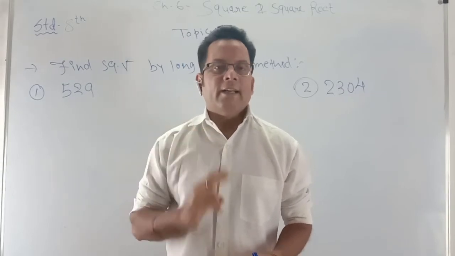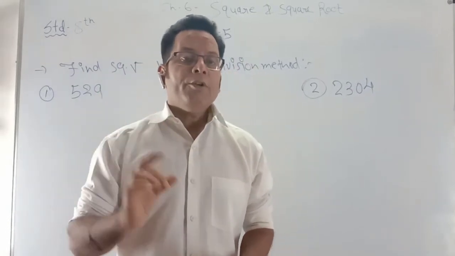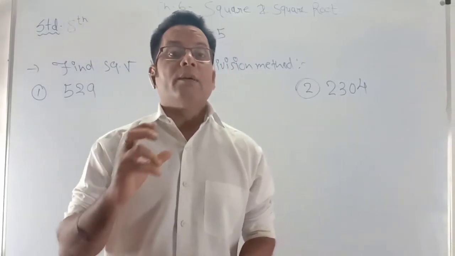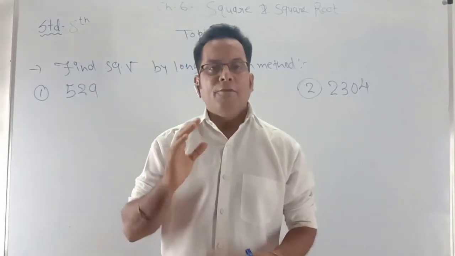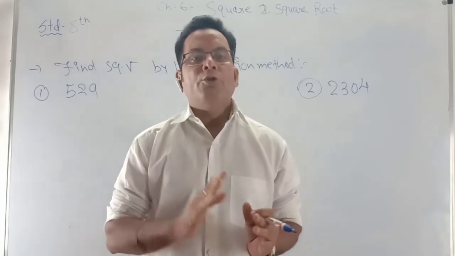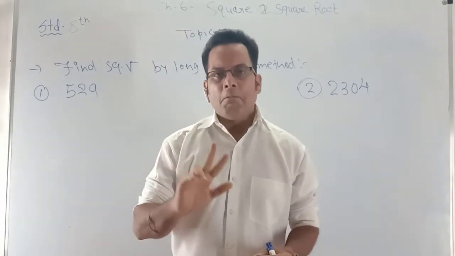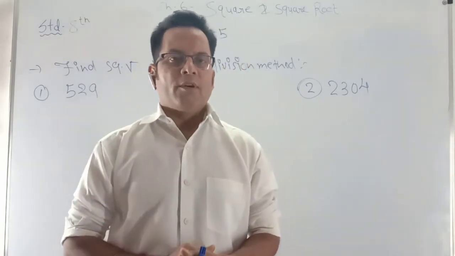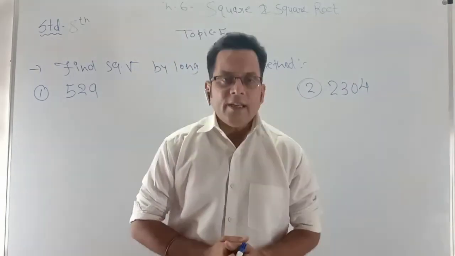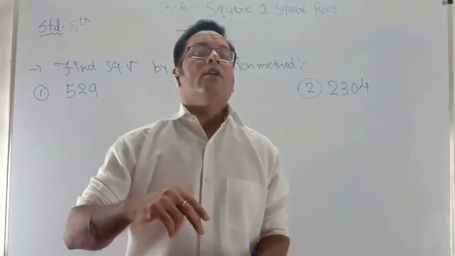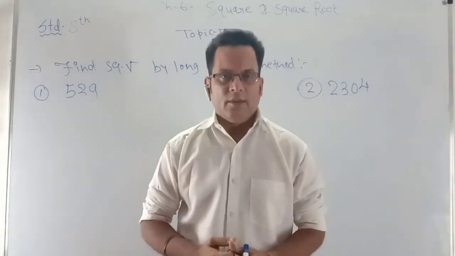Second thing, you have to split the numbers. You have to put the bar. If 4 numbers are given, then 2 groups will be there: first 2 numbers under a bar, and then the second 2 numbers under a bar. But if 3 numbers are given, then a bar on the first number and then a bar on the next 2 numbers.